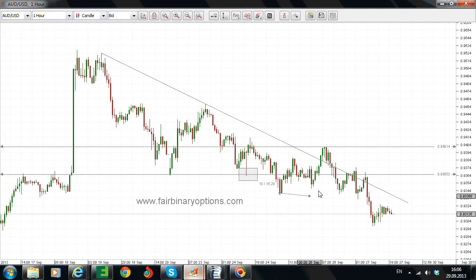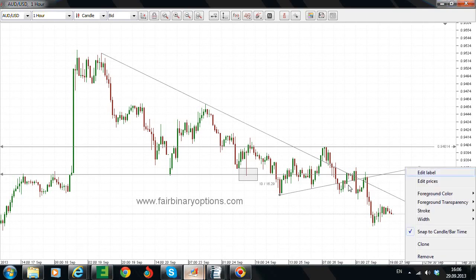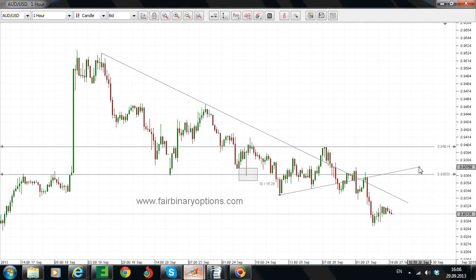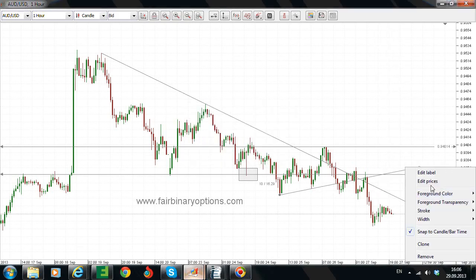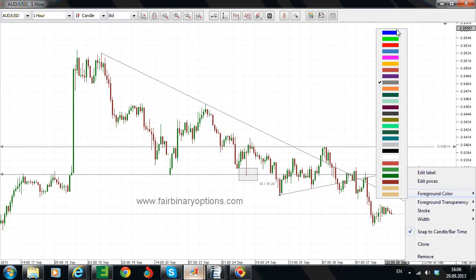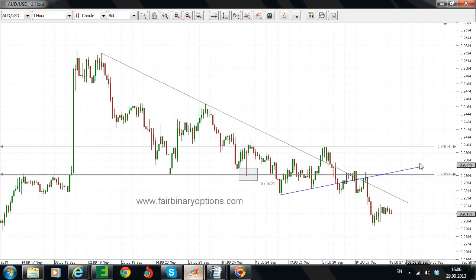So from the previous low here to the previous lower or higher low in our case, and this should go something like this. Let me change the color so that we are not being confused. Something like this.